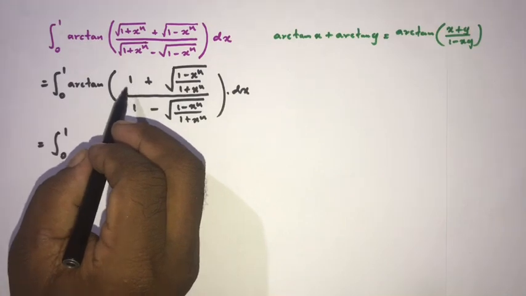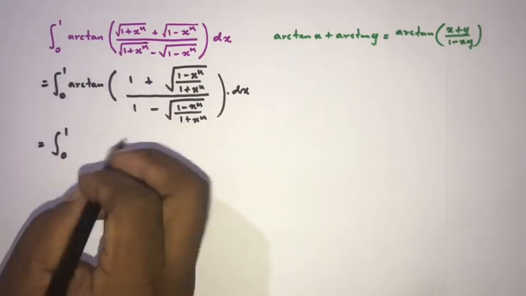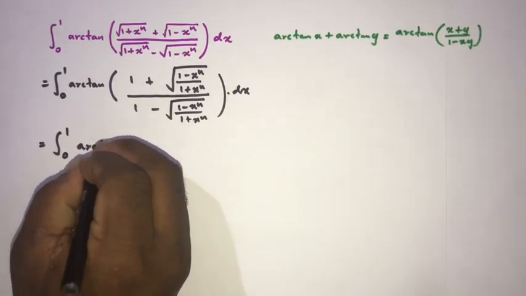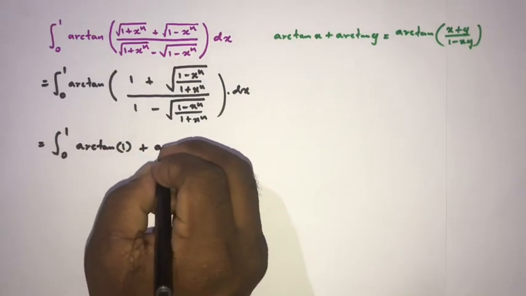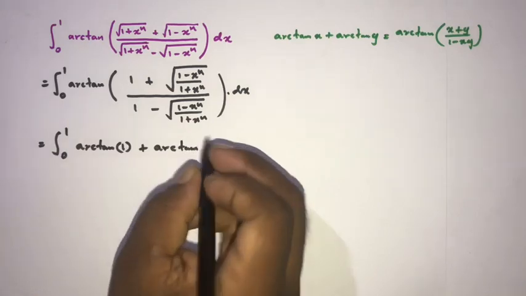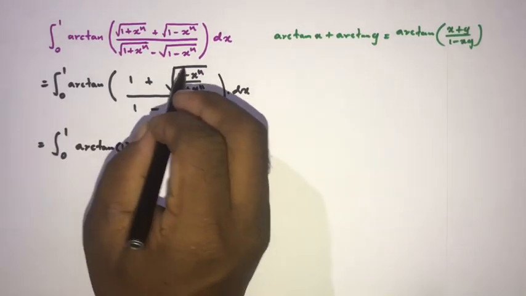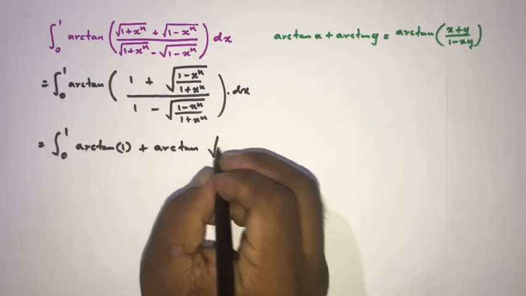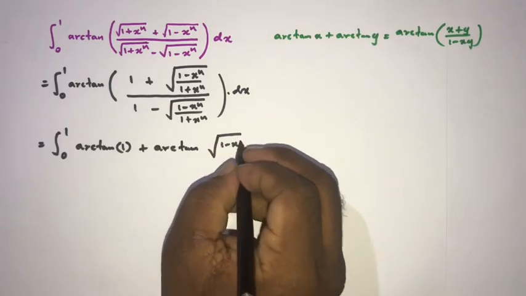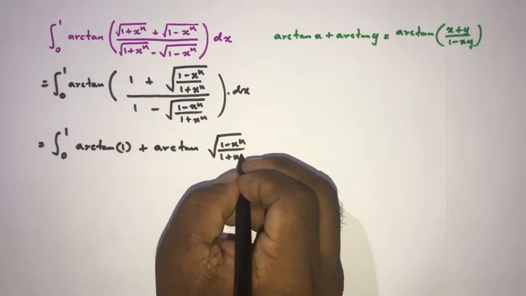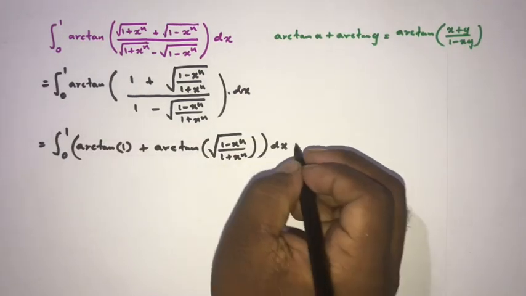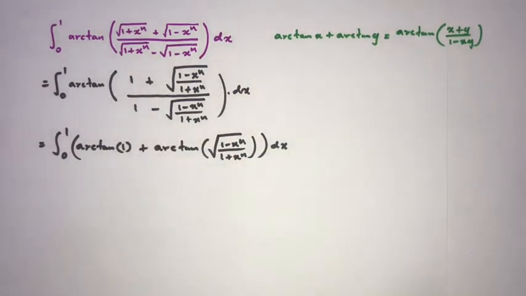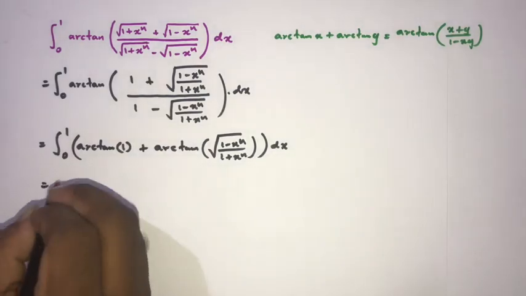Now instead of 1 here arctan of 1, so we can write arctan of 1 plus arctan of, now instead of y we have the square root of (1 minus x to the n over 1 plus x to the n) dx.